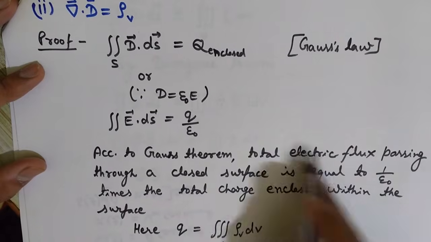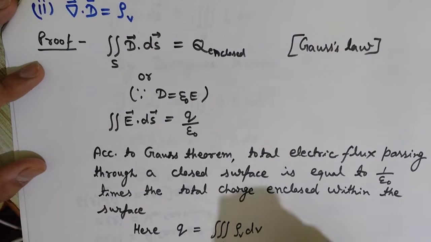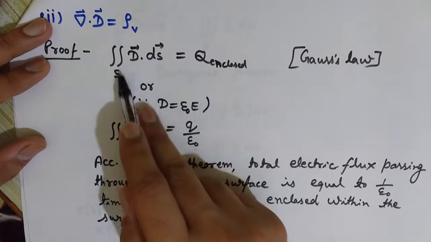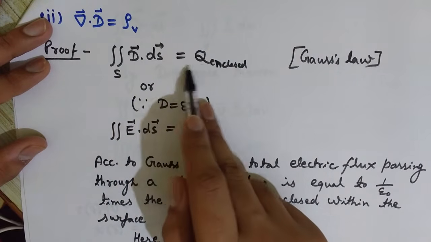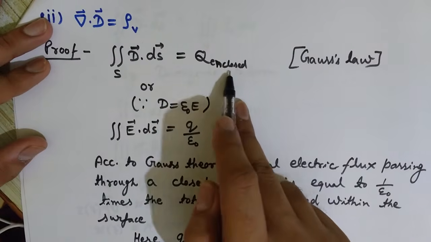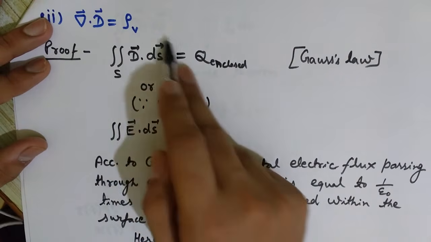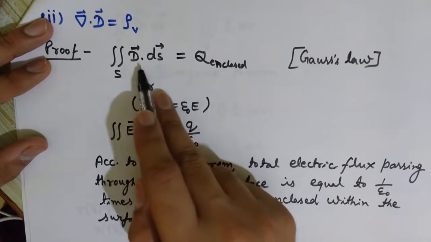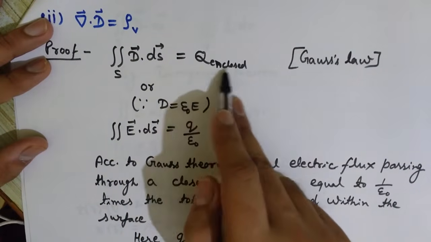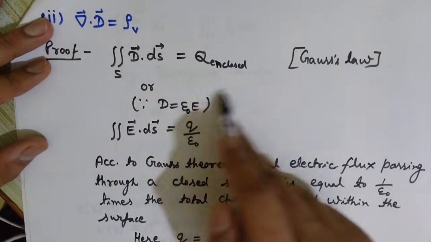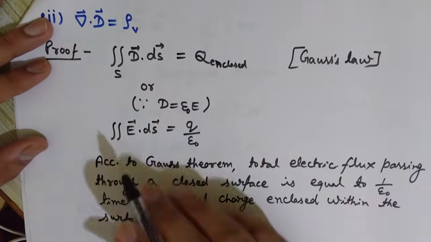Okay, it is very clear. The definition is very simple. So mathematically we can write it as the surface integral of D dot dS is equal to the charge enclosed. It means this surface integral denotes the flux, which is equal to the charge enclosed within that imaginary enclosed surface.